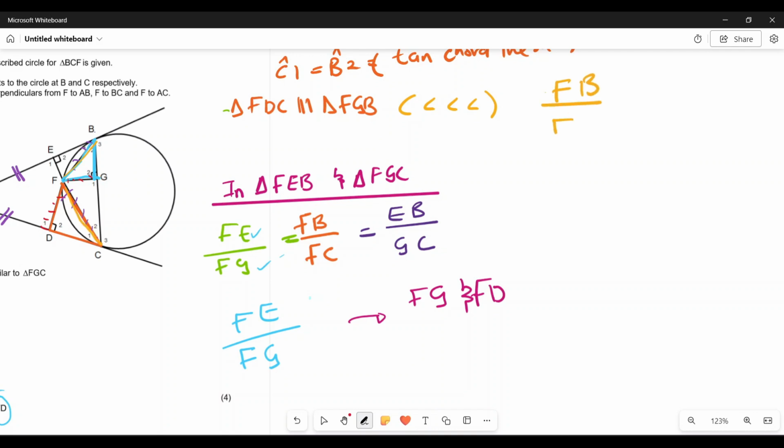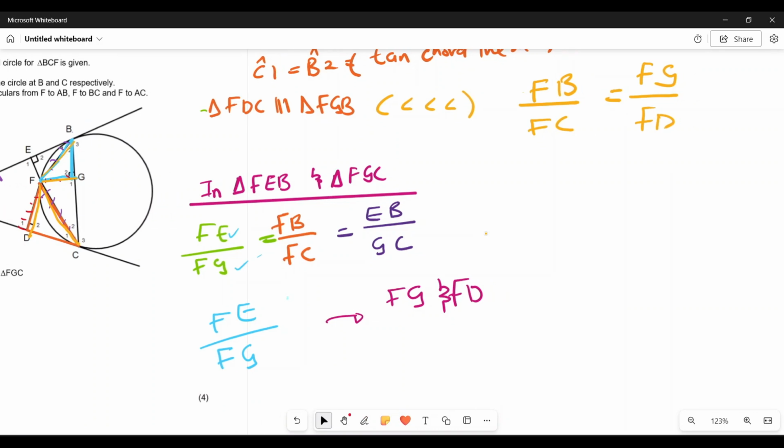So FB over FC is equal to FG over FD, the side similar to FG on the other triangle being FD. And lastly, I have my line GB, and the side similar to GB in this triangle is my line DC.